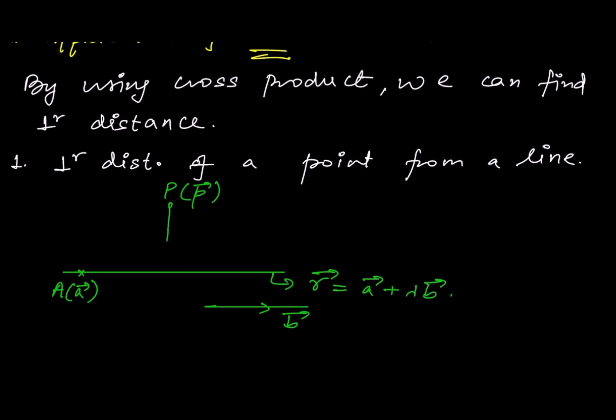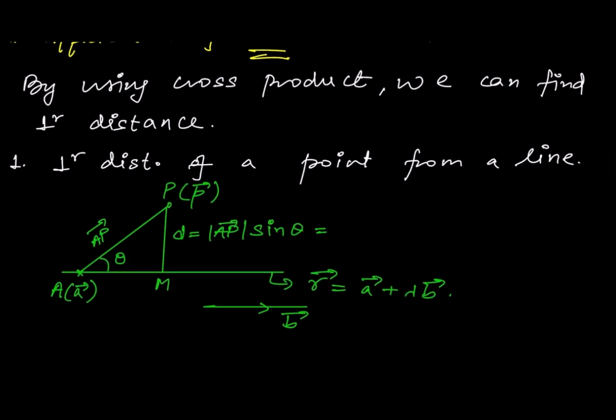We need to find this perpendicular distance, say PM, and PM is d. If I join A to P, then this will become AP vector. So d will be, if AP vector is making or inclined at angle theta with the given line, d will become mod AP sine theta, right?